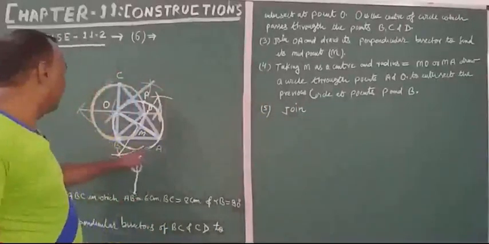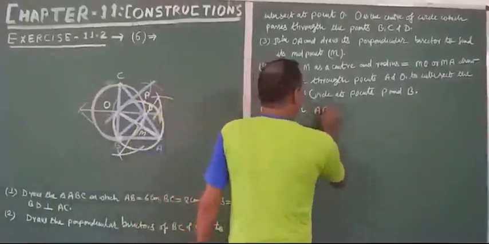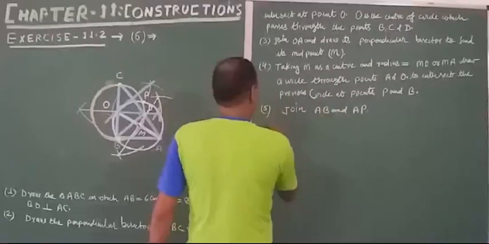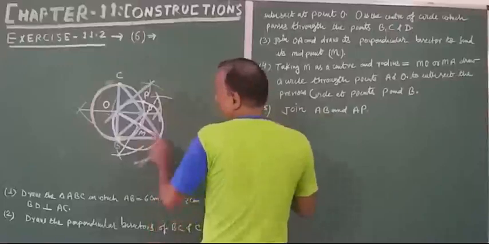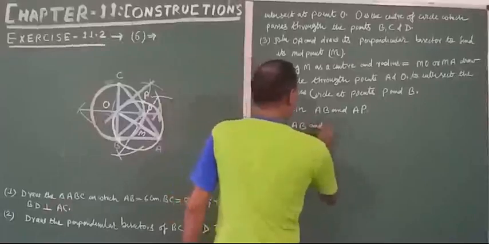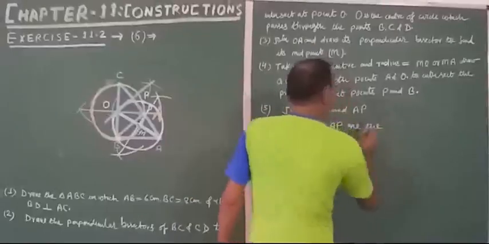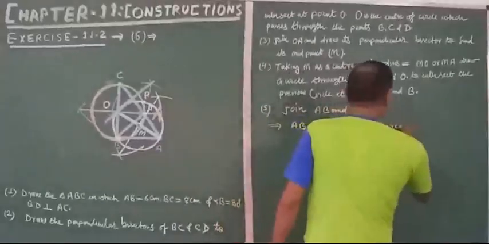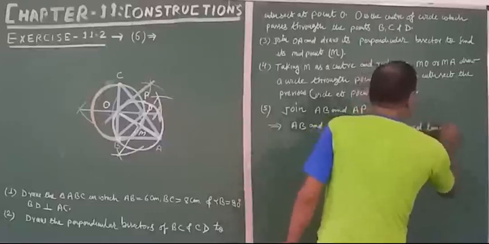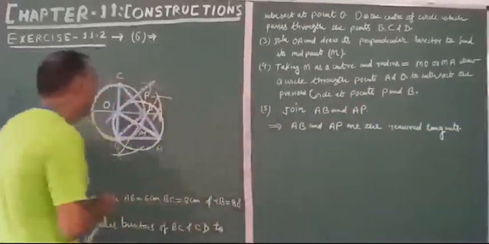Now join AB and AP. This AB and AP are the required tangents.